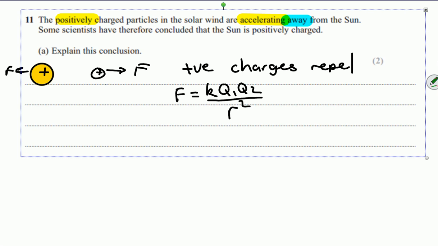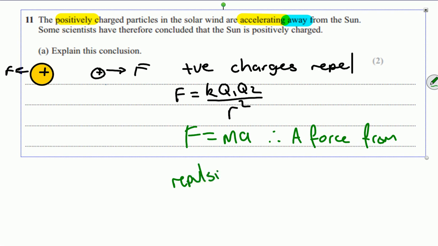You can say because F is equal to ma, therefore a force from repulsion causes acceleration. Does that seem reasonable?